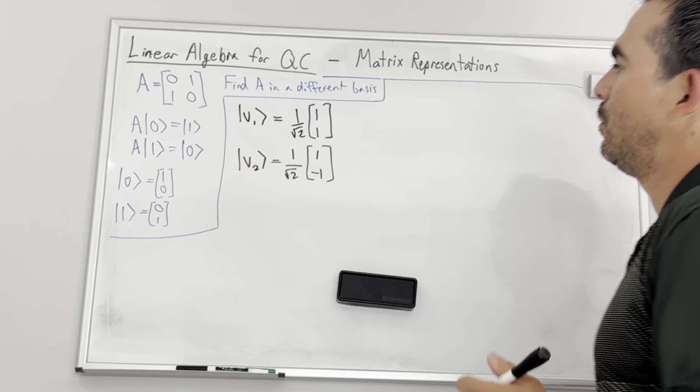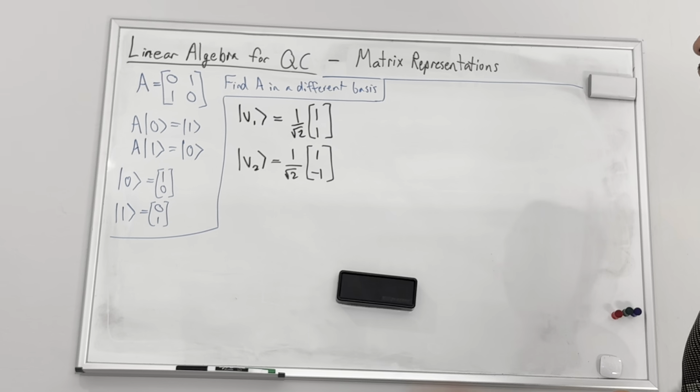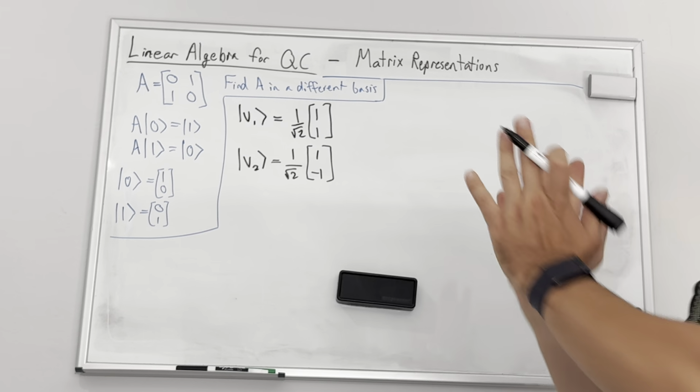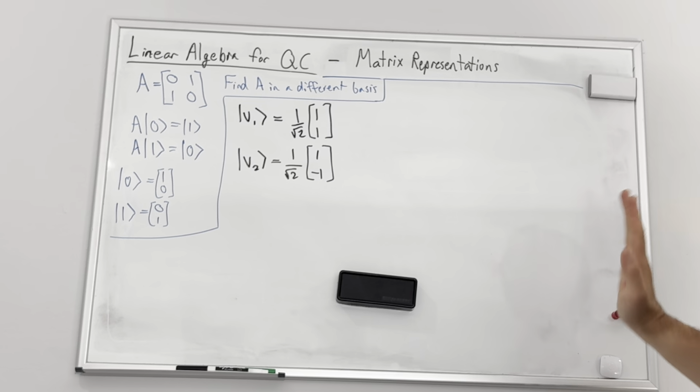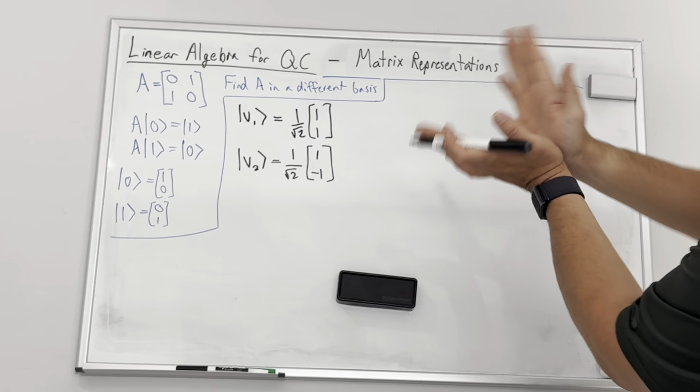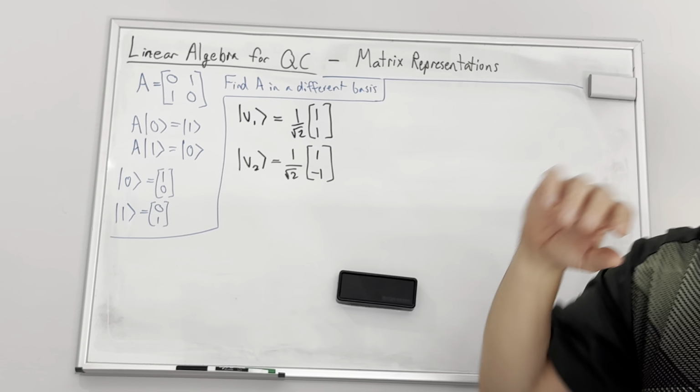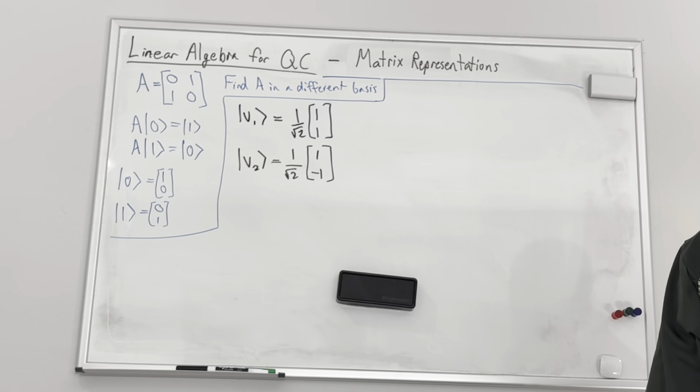This is absolutely something I can do. You can verify for yourself that these two are orthogonal and they do span the space, meaning any vector in the xy plane can be written as a linear combination of these two vectors.